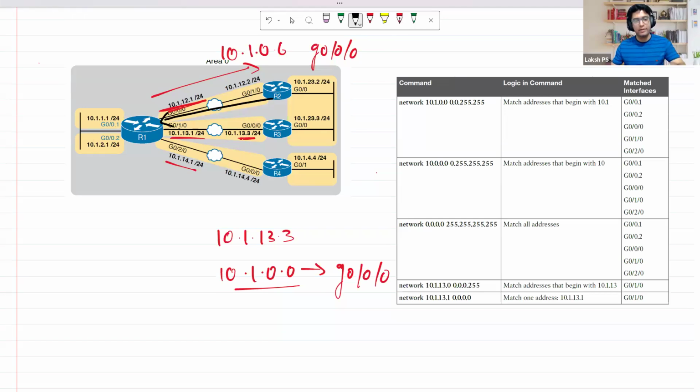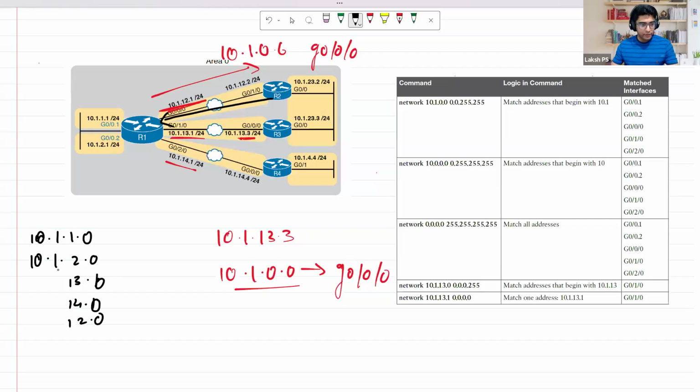R1, upon receiving this data, in R1's routing table will have many networks: 10.1.1.0 network, 10.1.2.0 network, 13 network, 14 network, and 12 network. Correct.